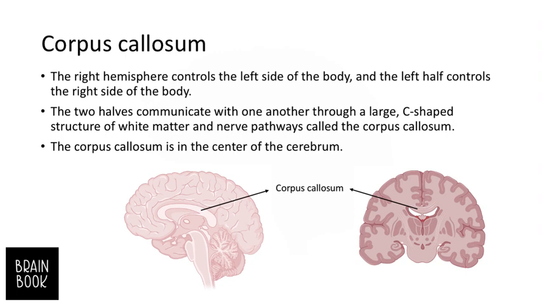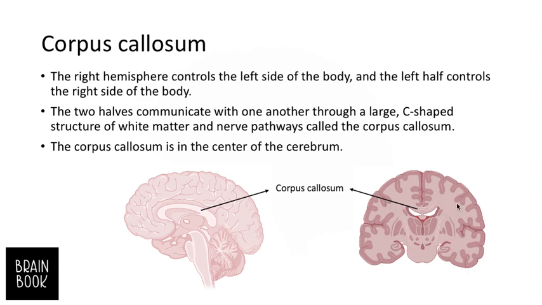There is a part in the brain which is called the corpus callosum. As you may know, the right hemisphere controls the left part of the body, and the left hemisphere controls the right side of the body.